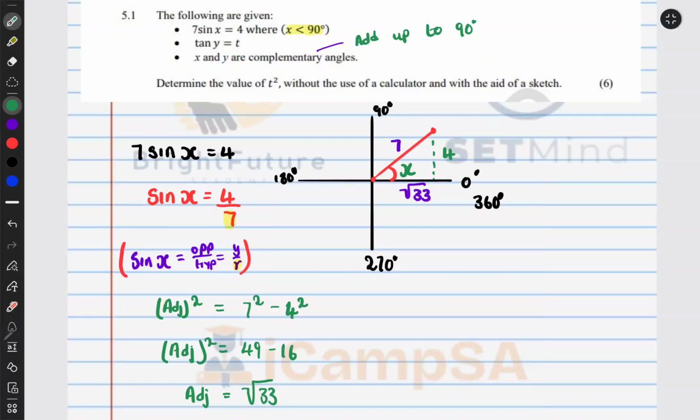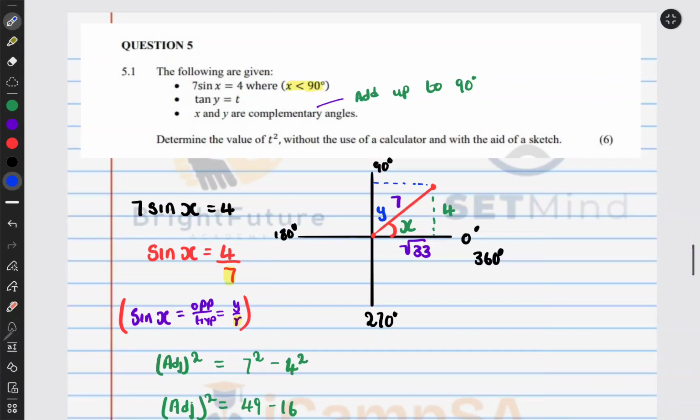If x and y are complementary, that means the angle here is y, because x plus y is 90 degrees. And what do we know about complementary angles? It means that cos x is equal to sine y, and sine x is equal to cos y. That is the truth about complementary angles.